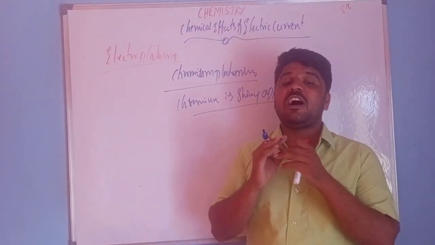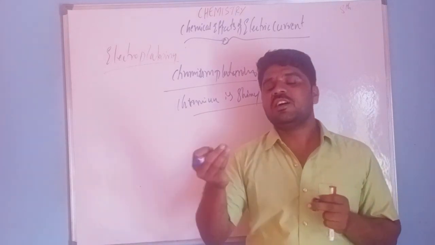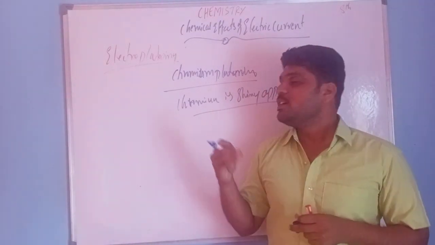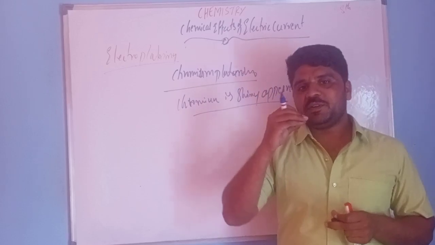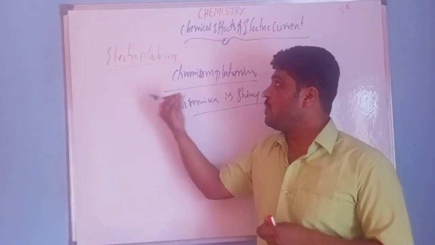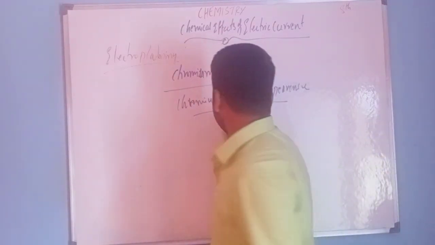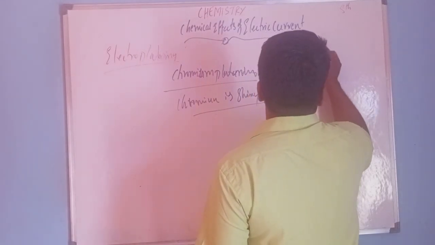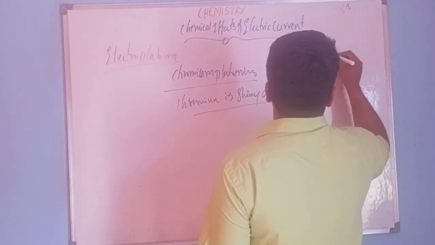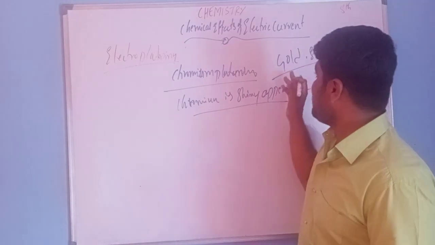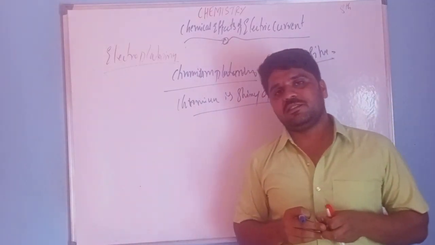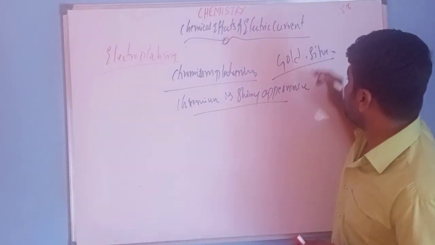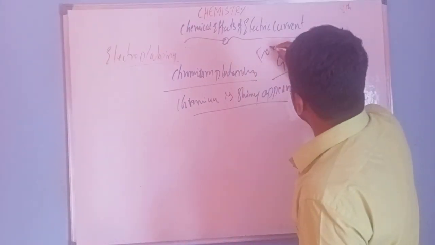Now, different articles are used in our homes. Many metals like gold, silver, platinum are used as jewelry or ornaments. In gold, we can observe fool's gold. Have you heard of fool's gold?